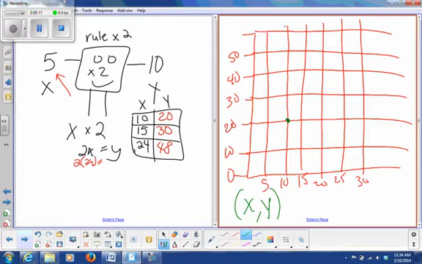Okay? What about my next ordered pair? Okay, so now I'm going to run to the 15. And then jump to 30. Here's my other point. Okay? Last one, 24 and 48.